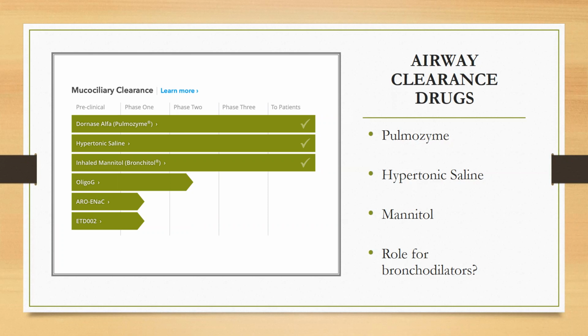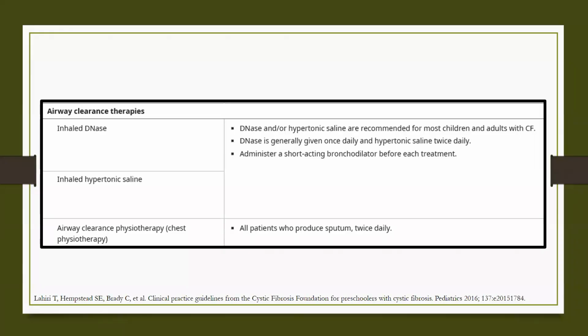Of course, we would not use LAMAs because this will increase the secretions and worsen their mucus burden. So this is a summary of what I just said. The inhaled DNAs and the hypertonic saline, you would use short-acting bronchodilators before the treatment if you were going to use it. And DNAs or hypertonic saline is for everybody essentially.